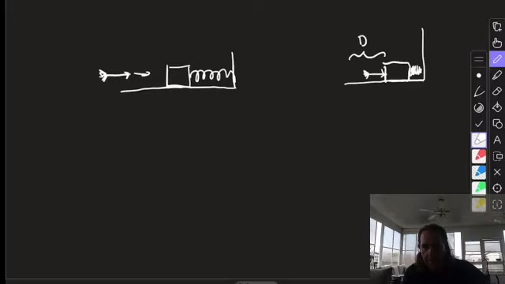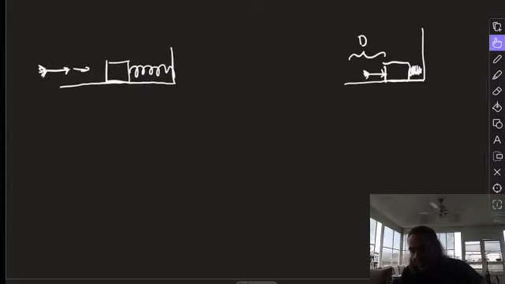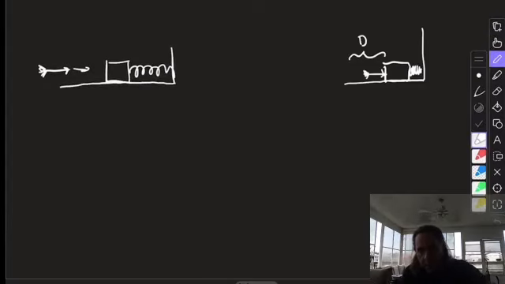You see kind of what I'm drawing here? This is a problem that has a collision in it, sure, but that's not the whole thing that happens. There's the collision, but then there's what the spring does next. And that's that middle thing.